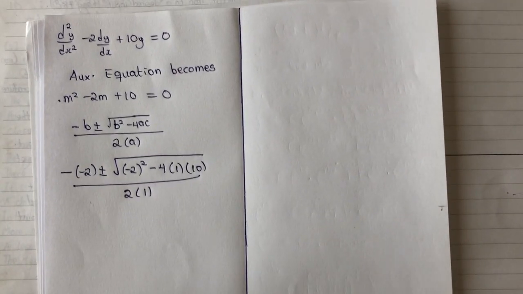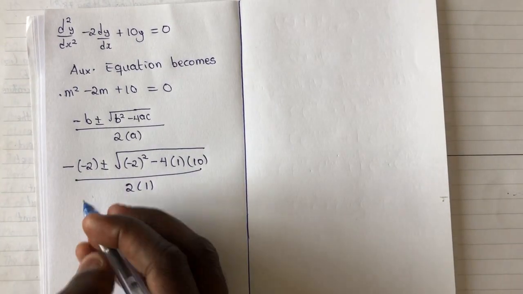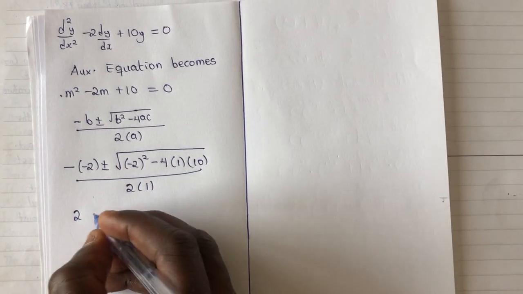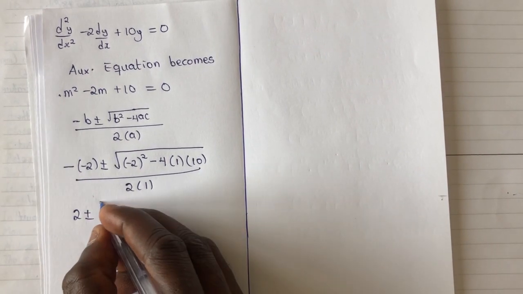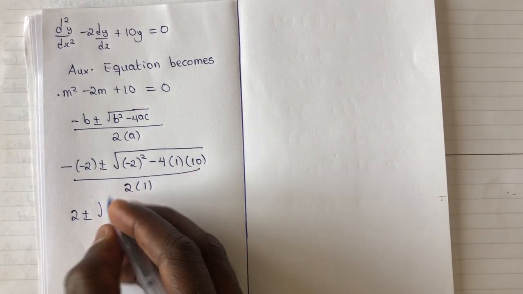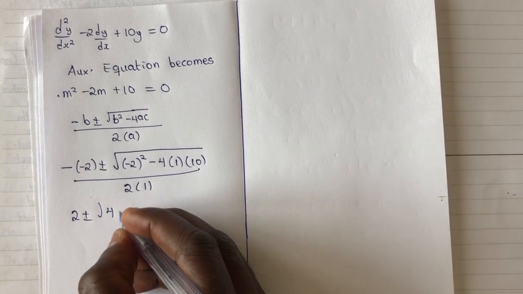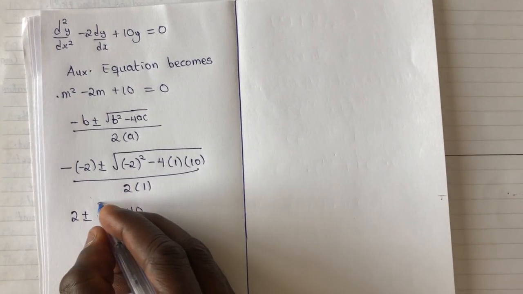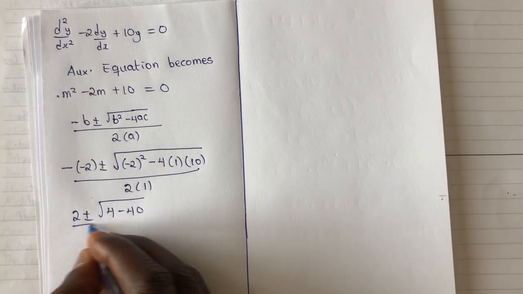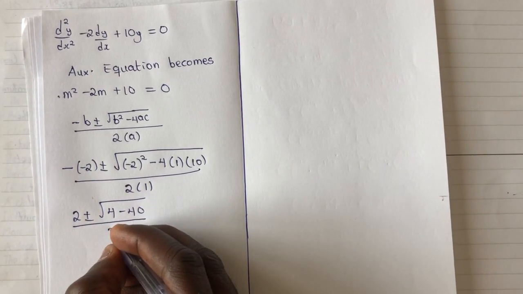This time this will give me 2 plus or minus root of, this will give me 4 minus 4 times 10 times 1, which will give me minus 40. This is it, all over 2.